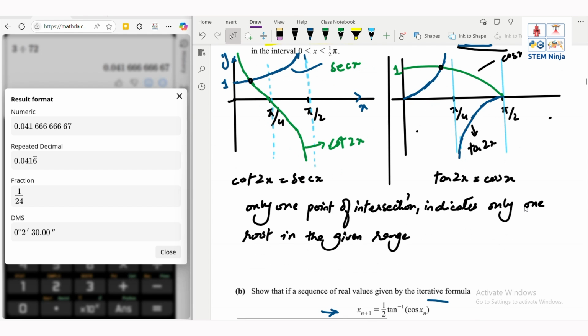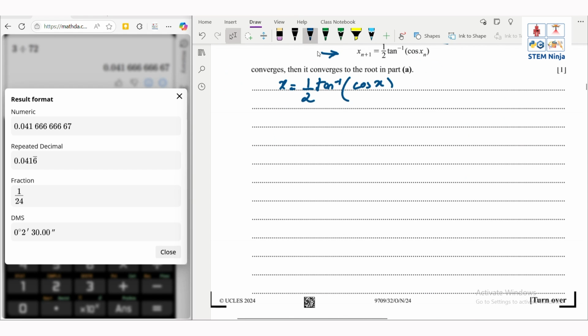So these are the forms that we want over here. So let's see whether we get it or not.